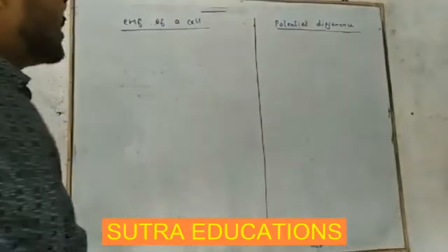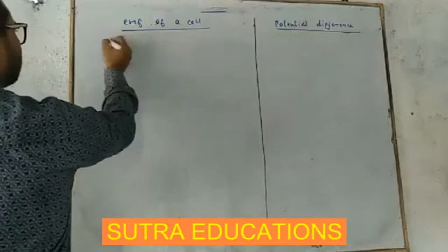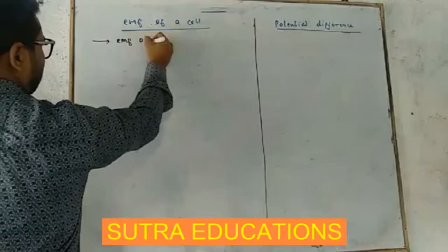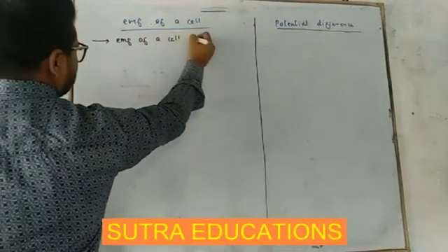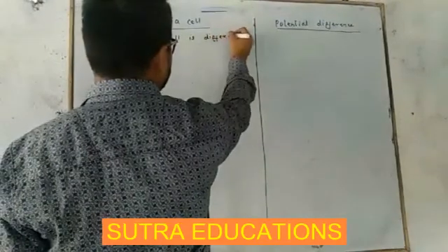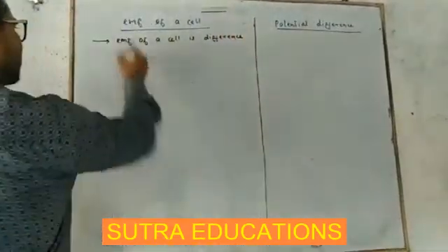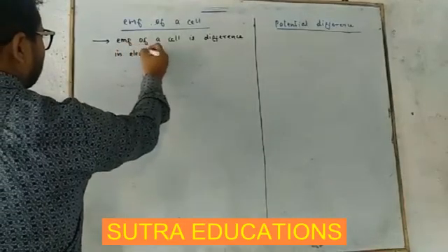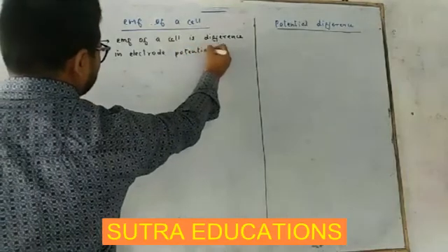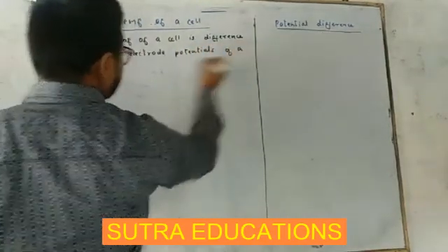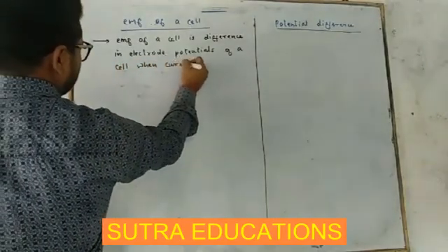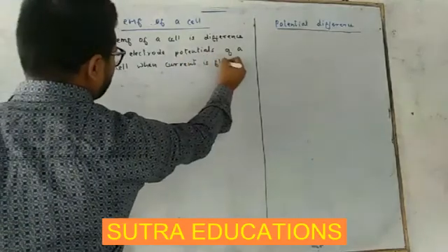So what is EMF of a cell? EMF of a cell is the difference in electrode potentials of a cell when current is flowing through it.